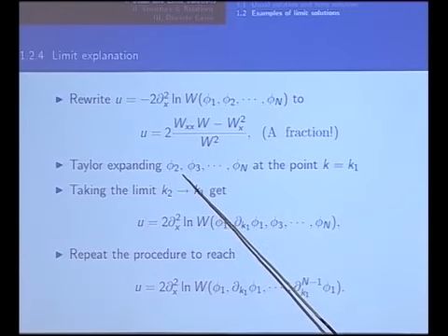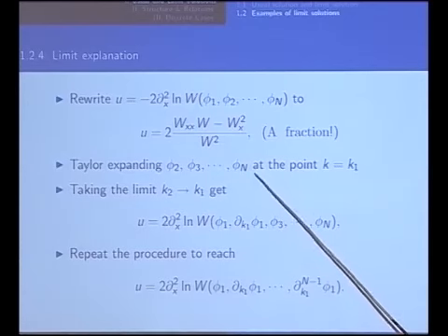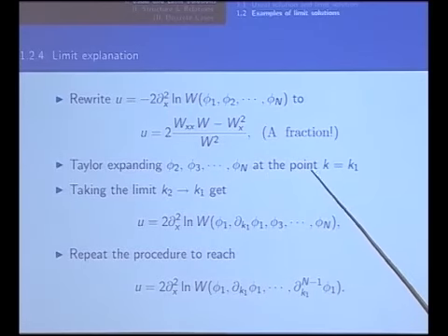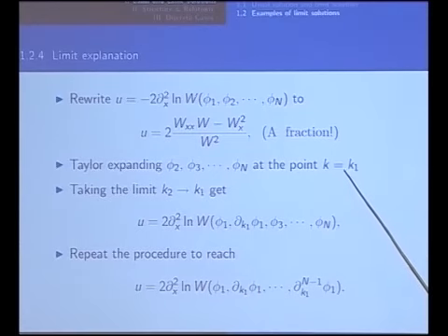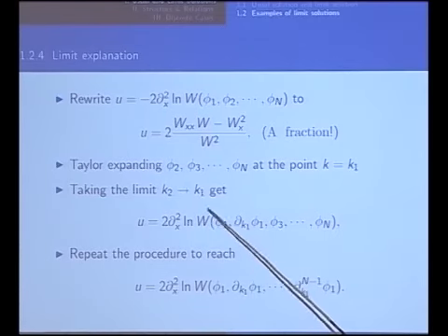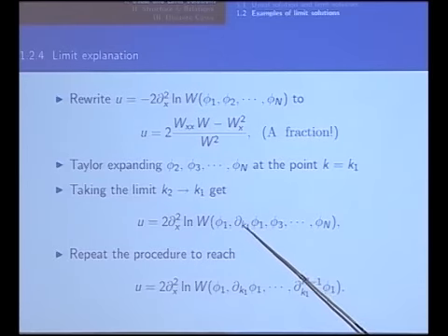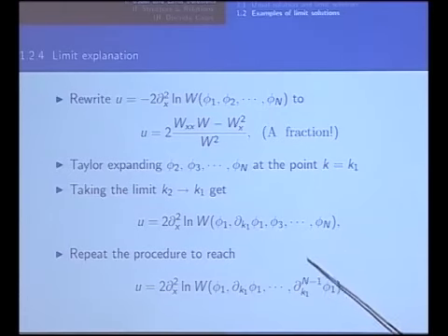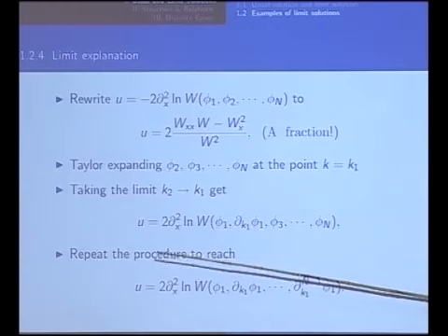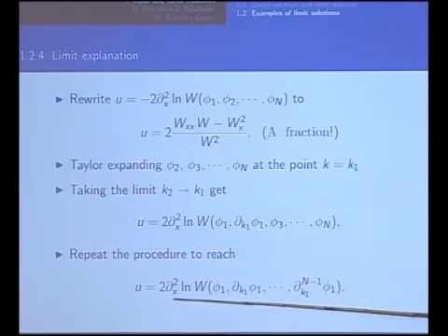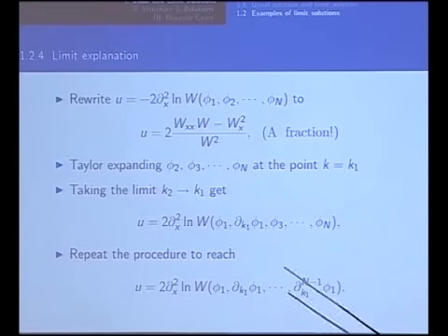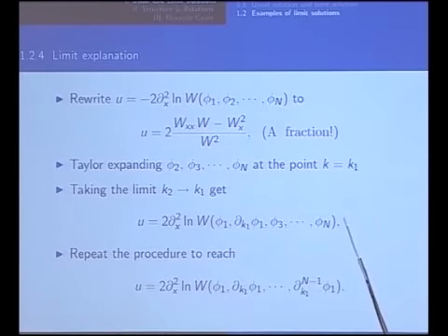We can rewrite the solution in fraction form, and we do some Taylor expansion for phi 2, phi 3, phi n at the point k1, and then take the limit, the first limit, and we get phi 1, and here it is not phi 2 but a derivative of phi 1 with respect to k1.